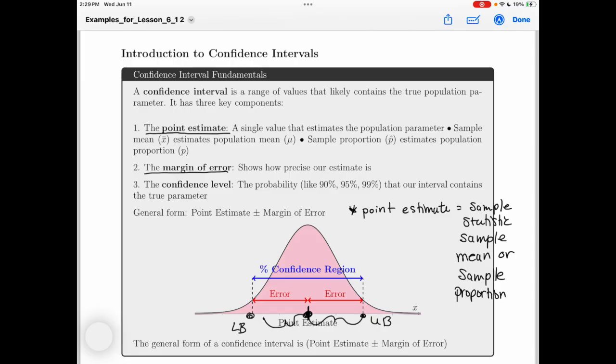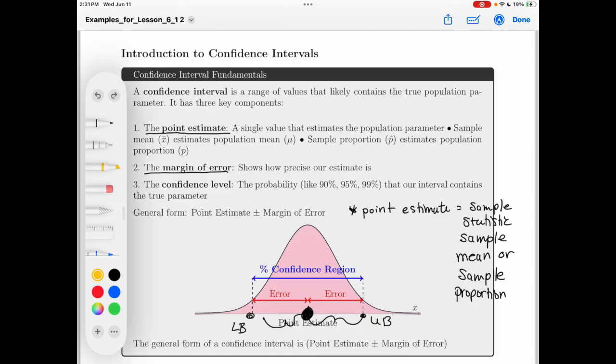Now, the confidence level dictates how far out that margin of error comes. If the confidence level is bigger, then the margin of error is going to get bigger, so it increases that interval. If the confidence level is smaller, then the margin of error is going to get smaller because the distance of that interval is going to get smaller.